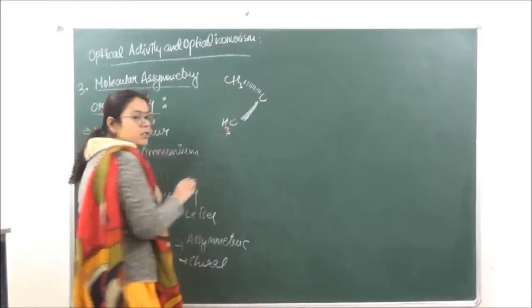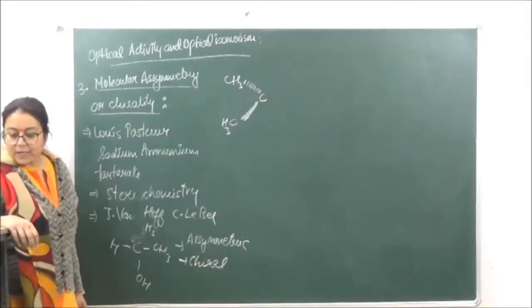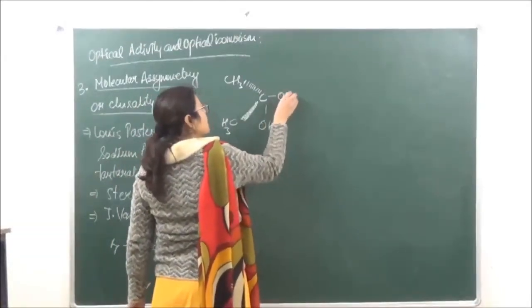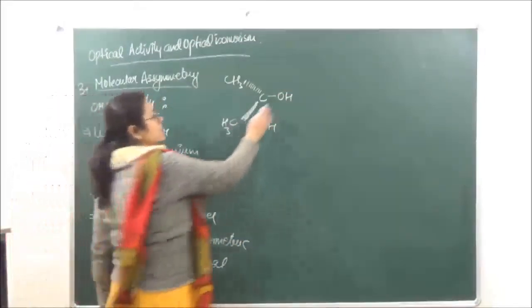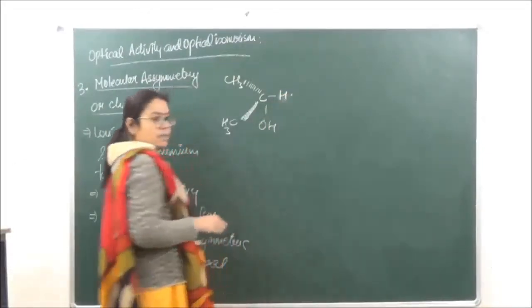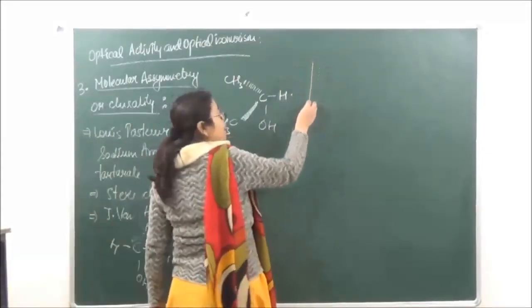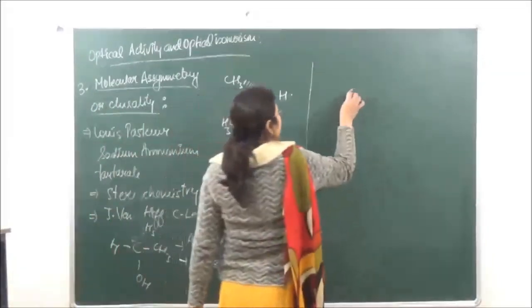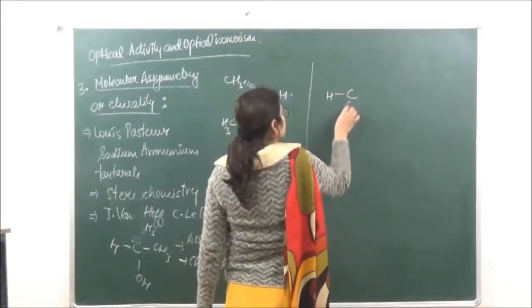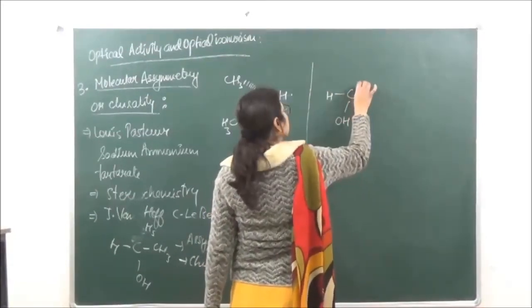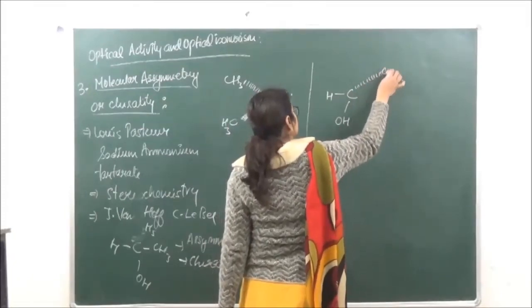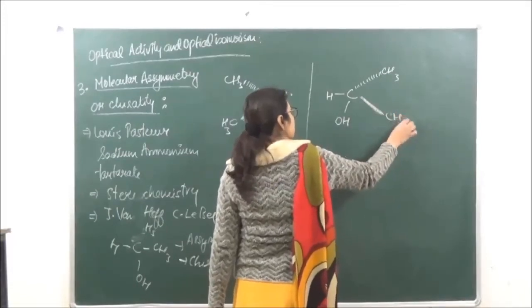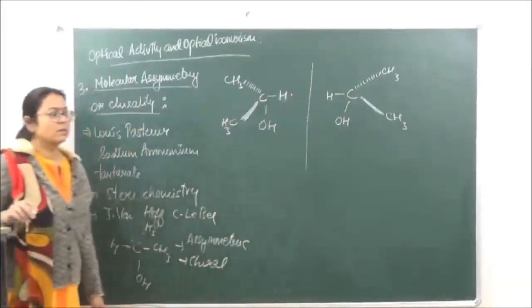So this is CH3, right? So over here now we have two which are on the plane of paper, OH and OH, or let's take over here H. Now if we place a mirror in this case, then what is going to happen? If you're looking at the mirror image, this is the mirror image, okay?